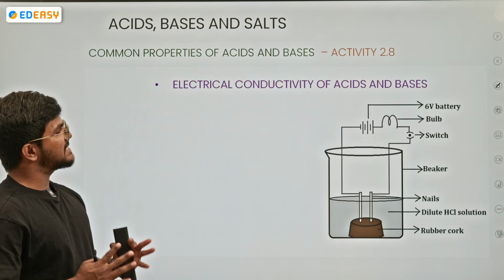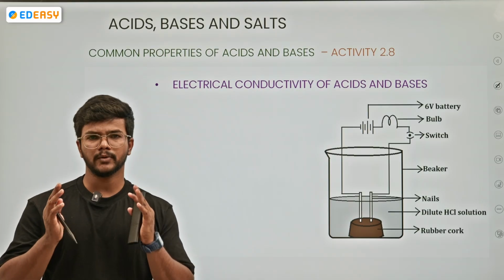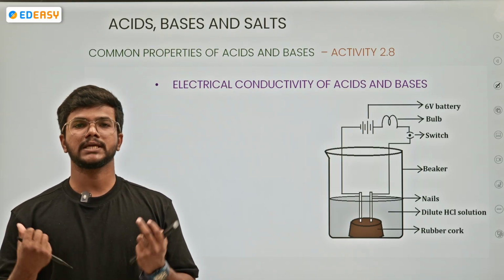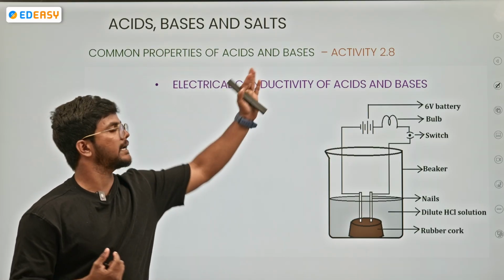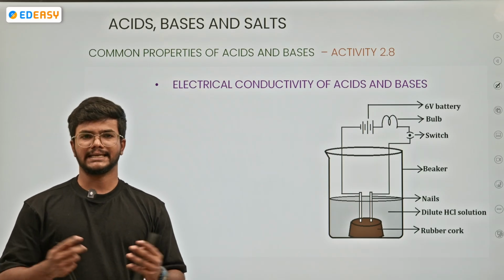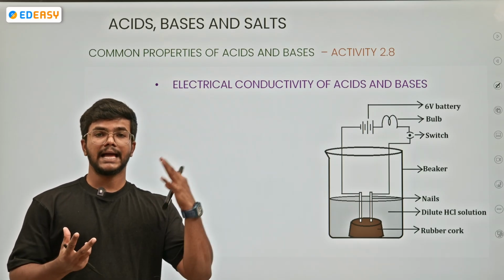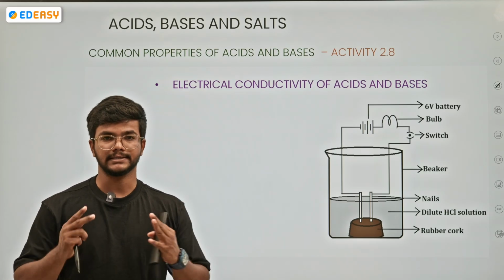Common properties of acids and bases. So there are some common properties of acids and bases, first is electrical conductivity. So what is electrical conductivity? How can acids and bases conduct electricity?